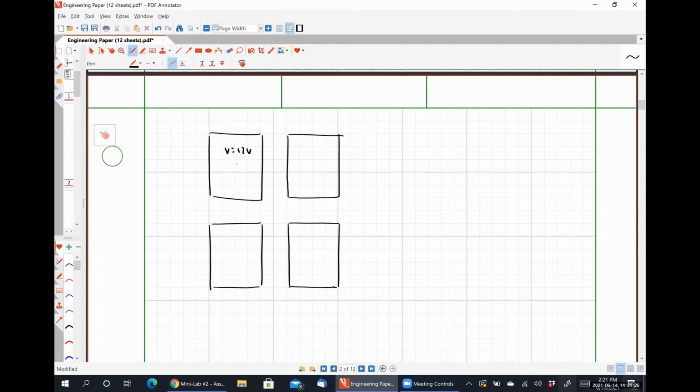So if this is a 12 volt, 48 watt one, this is another 12 volt, 48 watt, 12 volt, 48 watt, 12 volt, 48 watt.